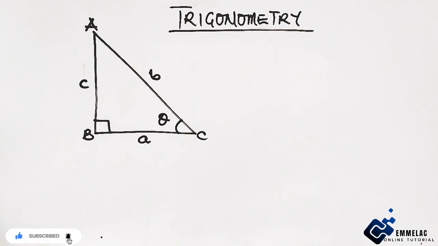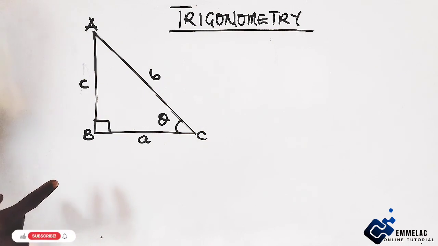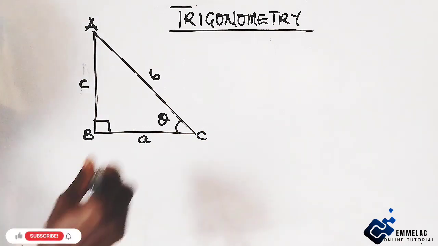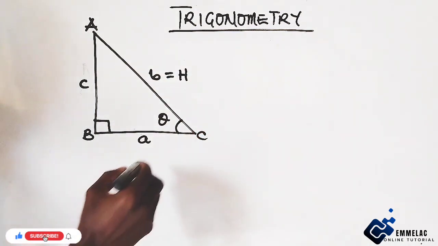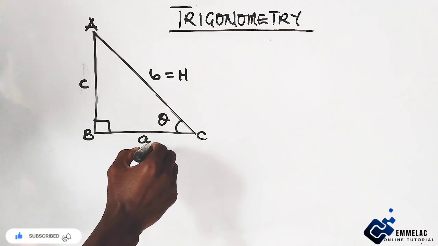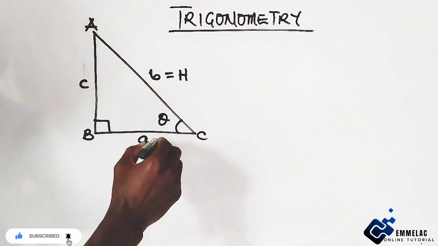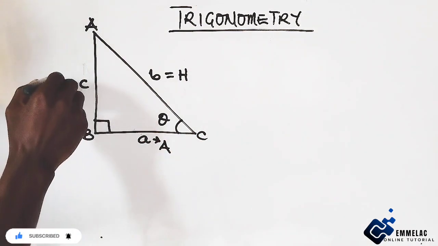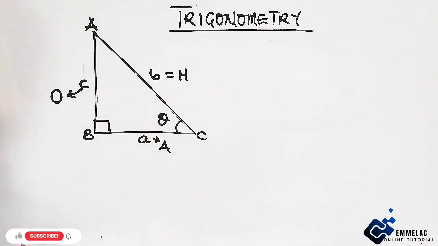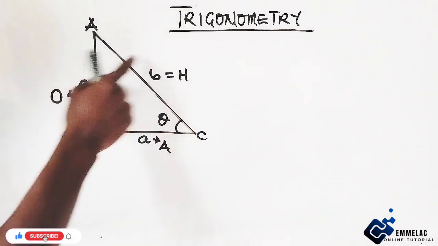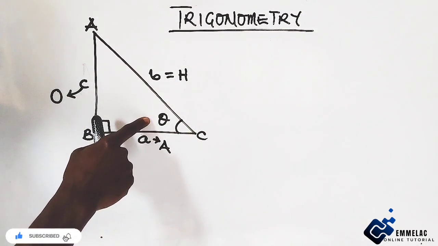Okay, now take note from the Pythagoras theorem: here is the hypotenuse, here is the adjacent, and here is the opposite. Now let us look for the relationship between these sides and this angle.